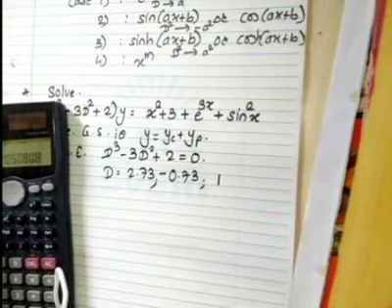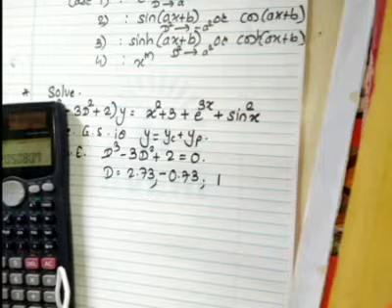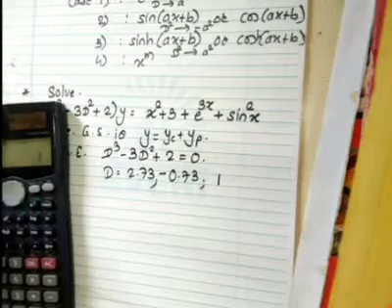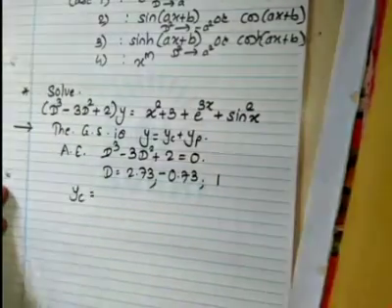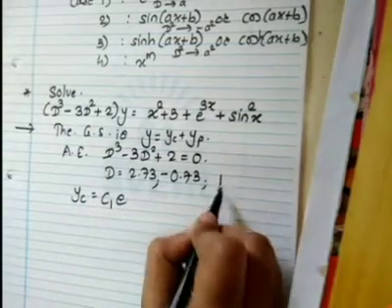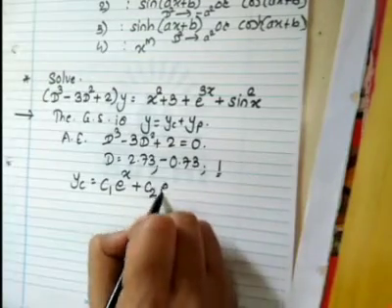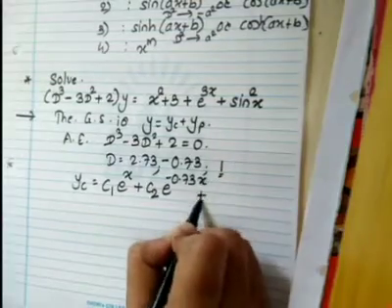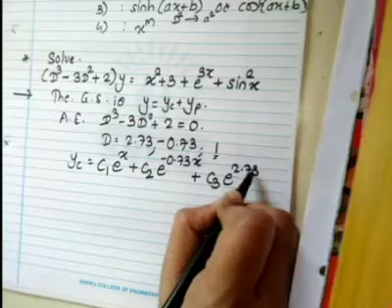Okay, so first is 2.73 and second minus 0.73 and third it is 1. Correct? All are real. So its yc is c1 e raised to 1x plus C2 e raised to minus 0.73x plus C3 e raised to 2.73x.